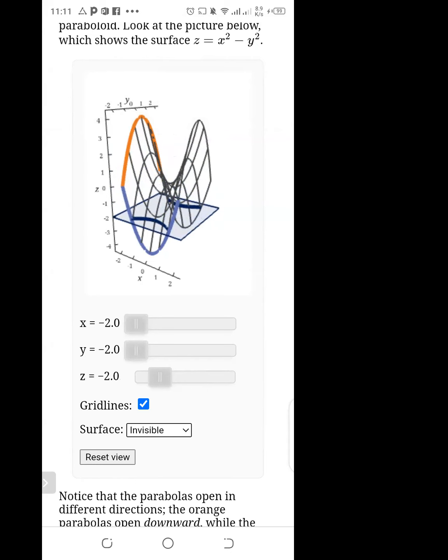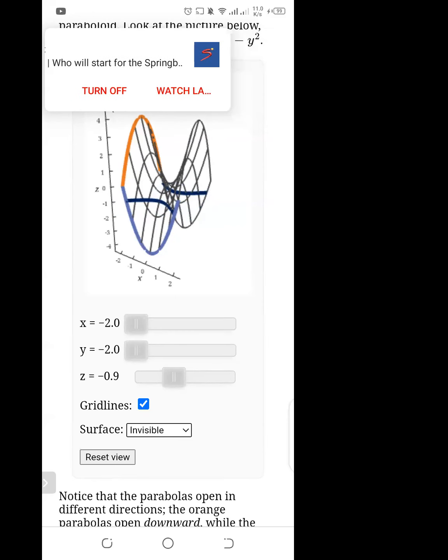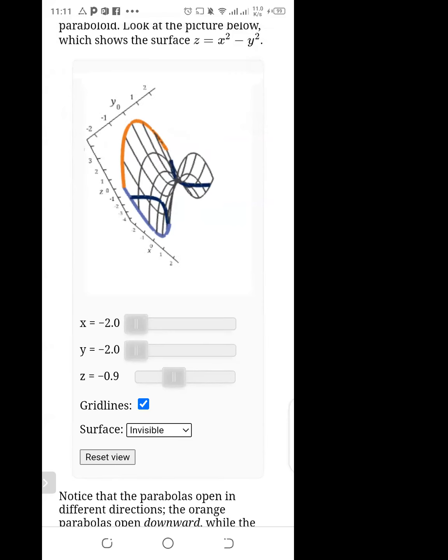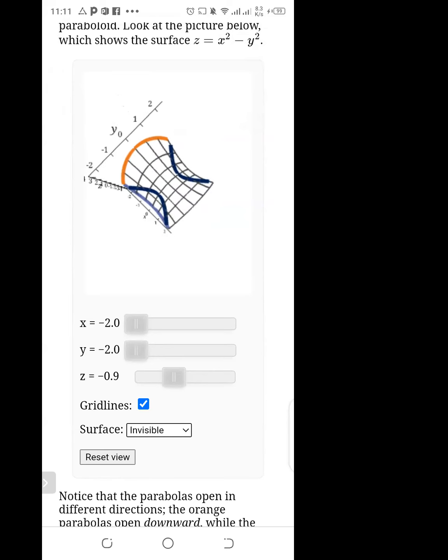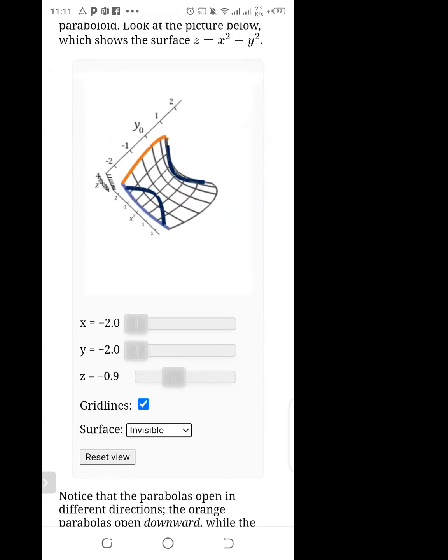Sir, I don't know if you can see clearly. Yes, please ask. Is it possible you can turn the orientation so we see it from the top view? Okay, let's see. So I can change this like this. So I think this is in the Y view.